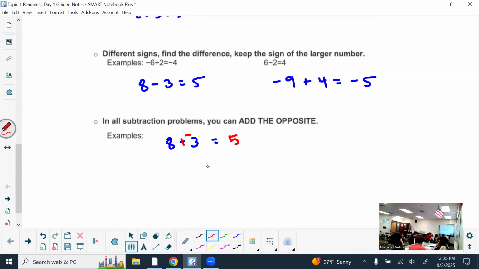So that one you probably didn't need to do, but then there's problems like this that are kind of challenging. Like an 8 minus a -3. Don't say the answer, just think about it.